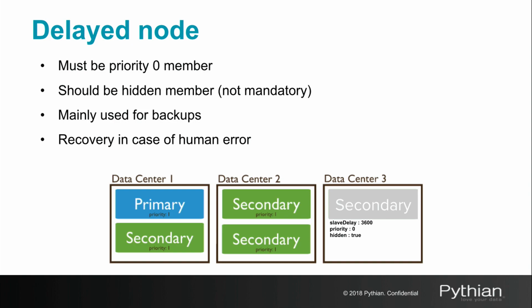It's useful to have a hidden delayed node in case you run an erroneous operation, like you delete some data from a collection and later you want to retrieve the data. You don't have to restore the data from backups, but you have this delayed node from where you can get your data as it represents an earlier state of your data.